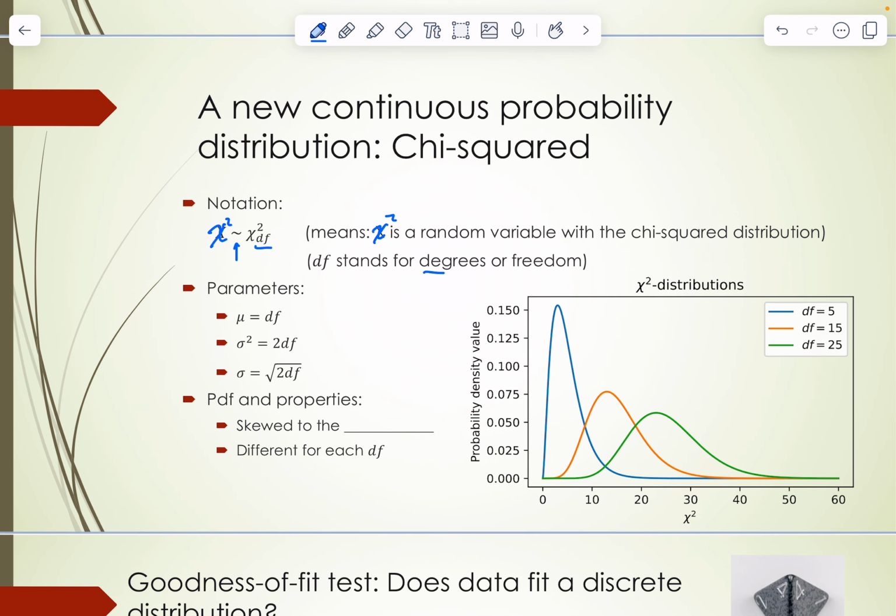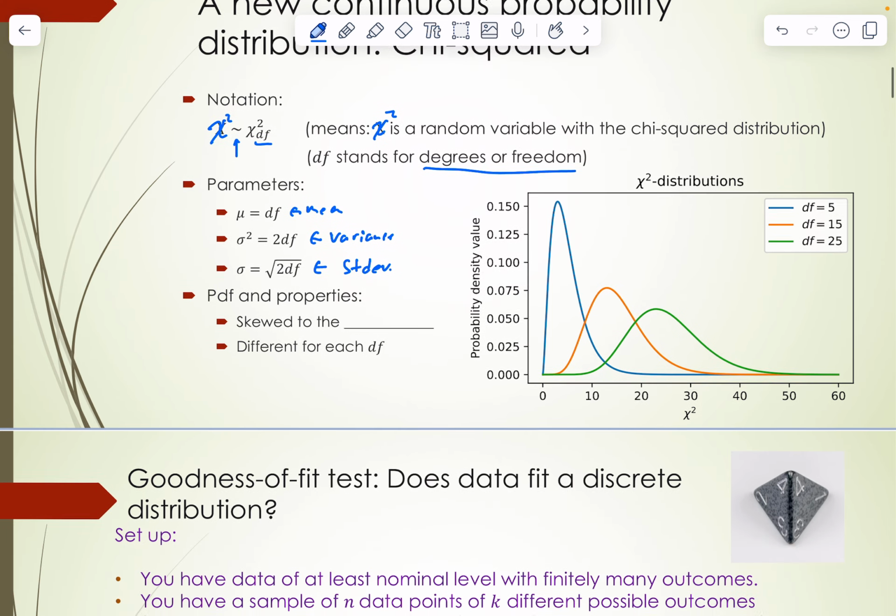df stands for degrees of freedom. The parameters of this probability distribution are: the mean is df, the variance is 2 times df, and the standard deviation is the square root of 2 times df.